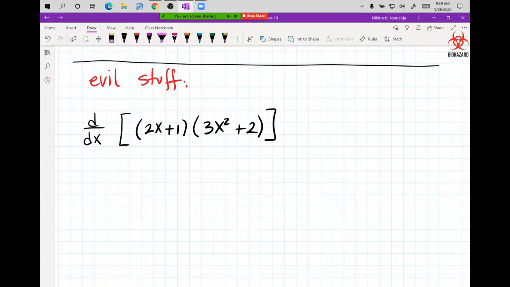It doesn't work parenthesis by parenthesis. So you cannot take independent derivatives and multiply them. You must FOIL in this case, and then take the derivative of that. So do that first.